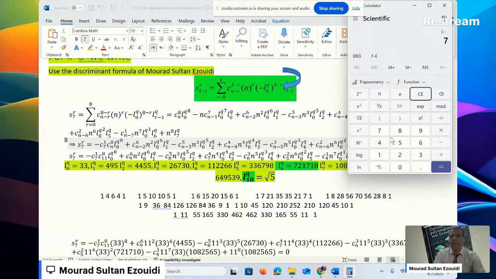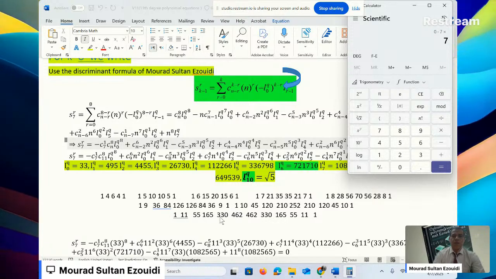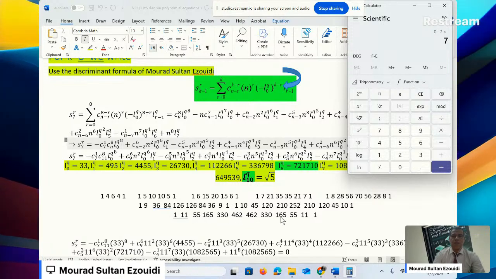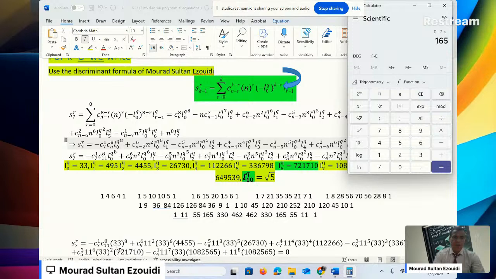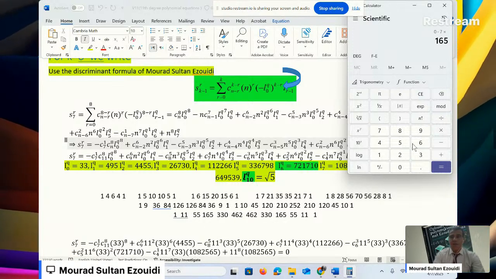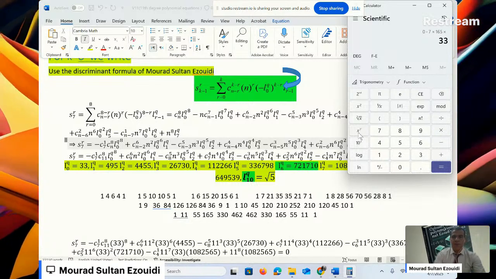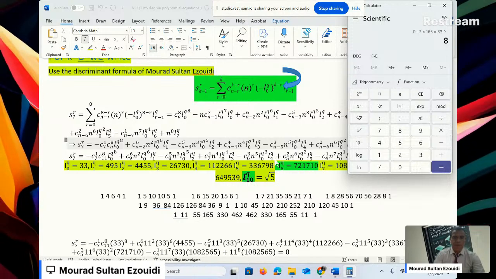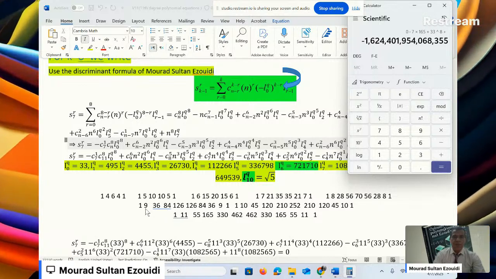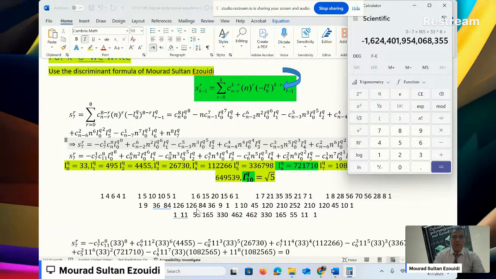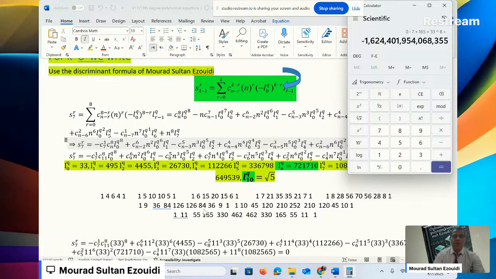So it will be negative 7 multiplied by 11 to 8, 1, 2, 3, 4, 5, 6, 7, 8, multiplied by 165, then multiplied by 33 raised to the power 8. Then plus 96, 1, 2, 3, 4, 5, 6.